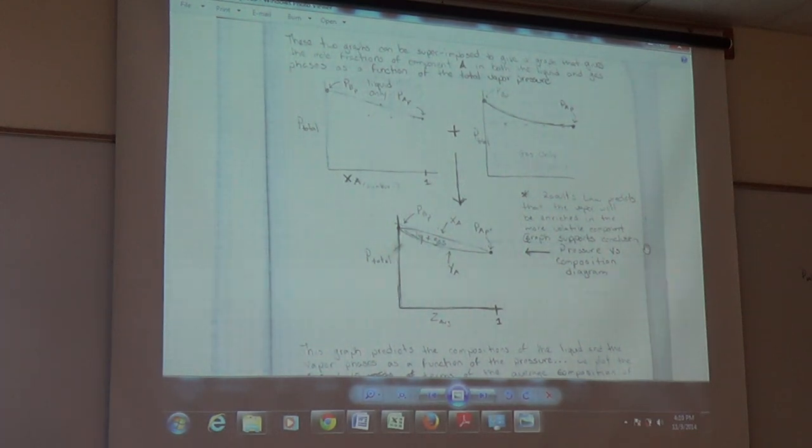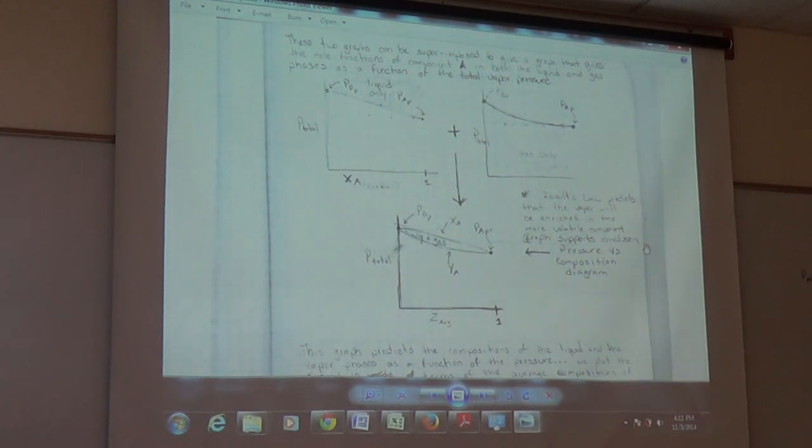Here we're dealing with a two-component system, so our degrees of freedom is equal to 2 minus P plus 2, which is equal to 4 minus P. So in the case that we have one phase, our degrees of freedom are going to be equal to 3, right?